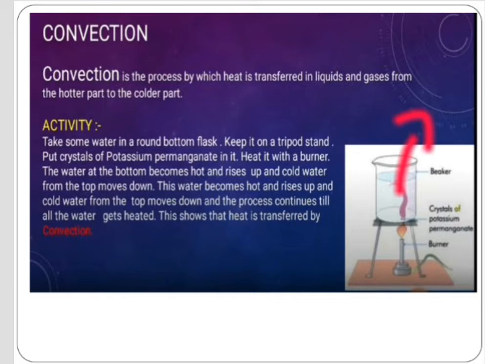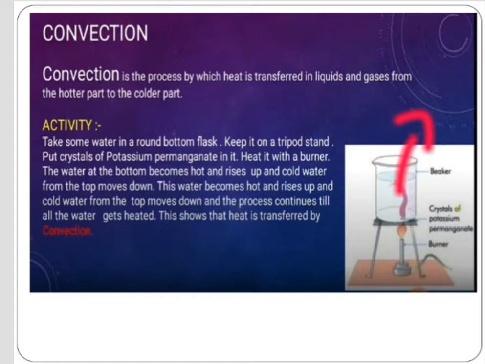To take the place of that hot water, the cold water from the side moves down towards the source of heat. This water also gets hot and rises, and water from the sides moves down.